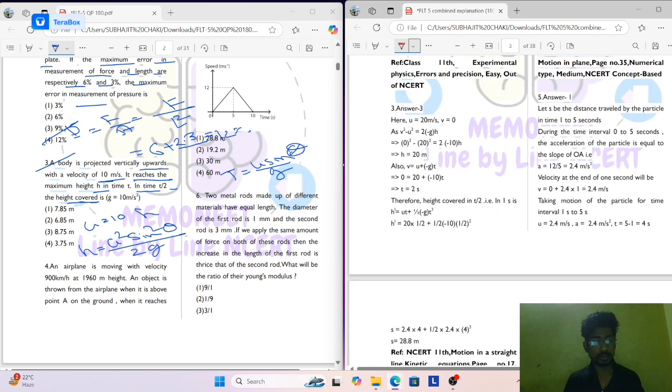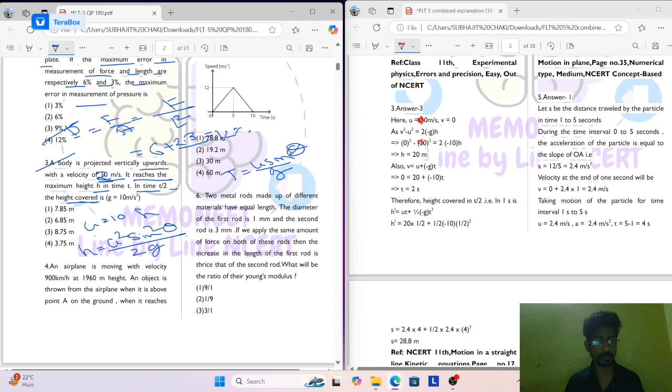So that velocity is 10 meter per second. So U is what? It will be 10 meter per second, right? This will be 20 meter per second, right?